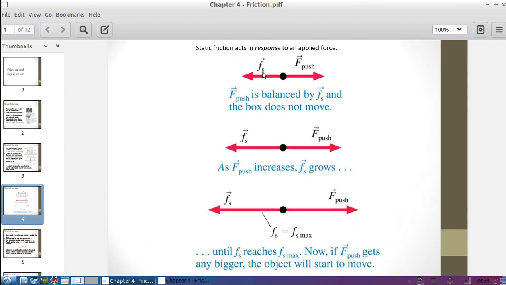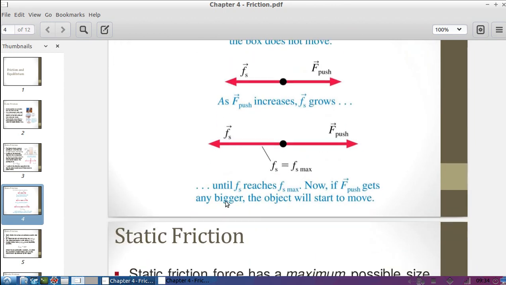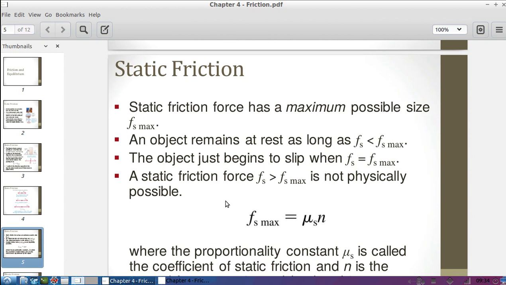So there's a range of values for your applied force where the static friction will meet that applied force, it'll be equal, and you won't be able to move the object. It's only with a certain minimum amount of applied force that you'll actually overcome the static friction, and then it starts to move.